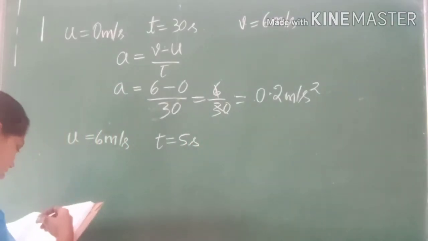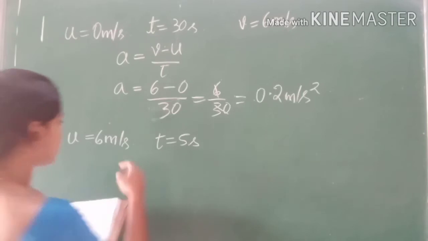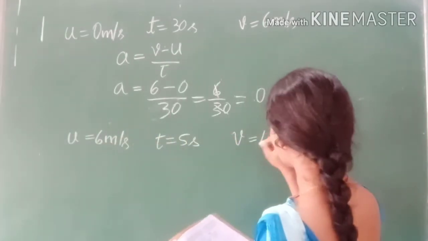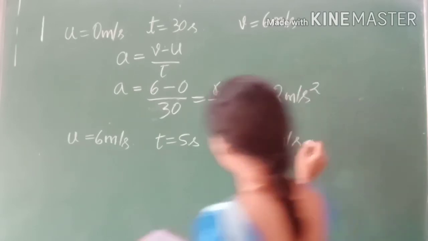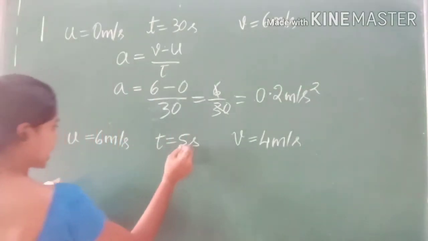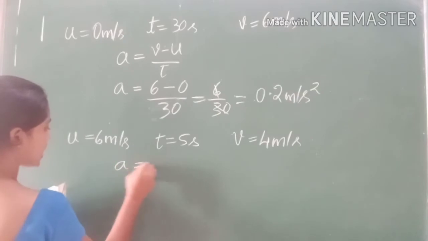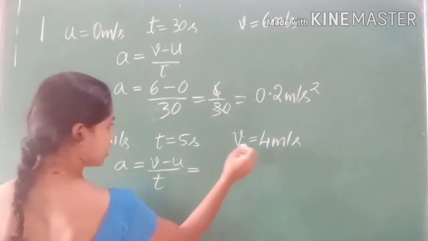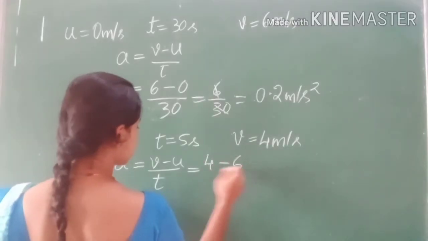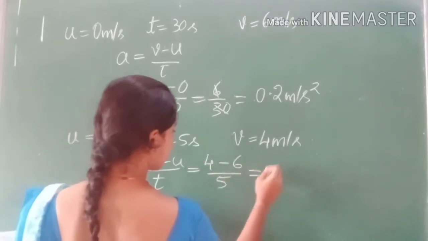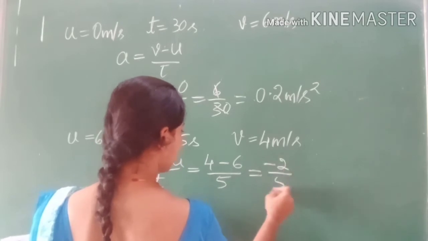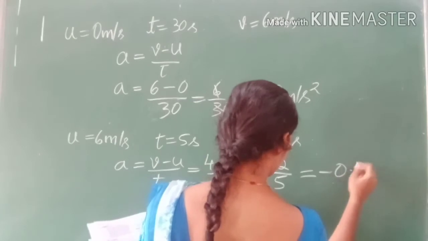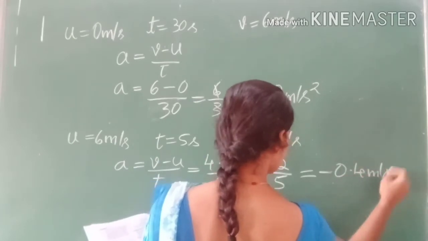Velocity changes from 6 to 4 meter per second. The acceleration a is equal to v minus u divided by t, that is 4 minus 6 divided by 5, equal to minus 2 divided by 5. So that is equal to minus 0.4 meter per second square.